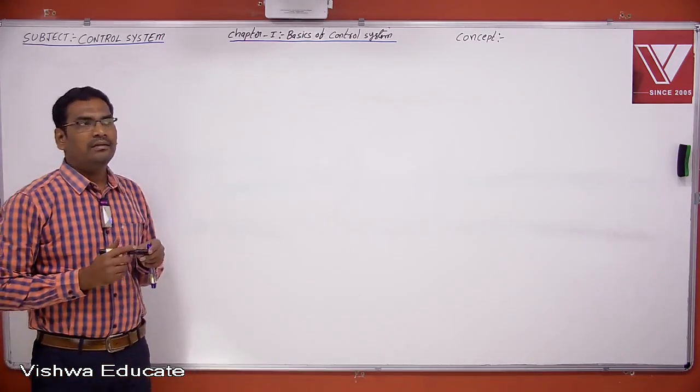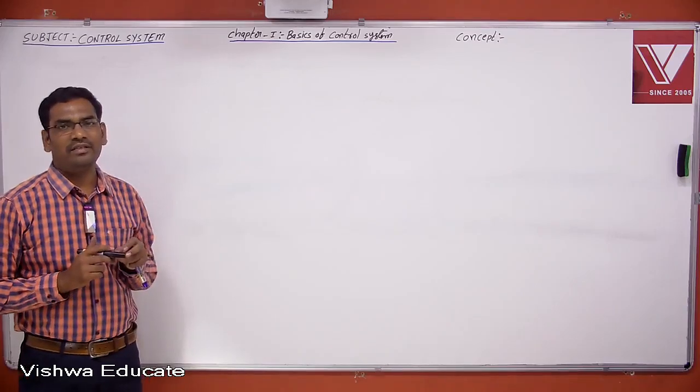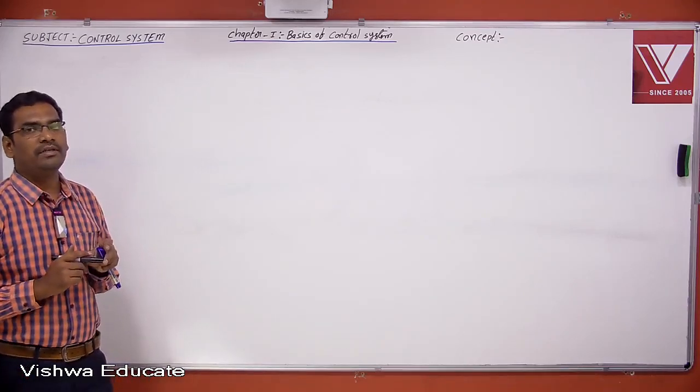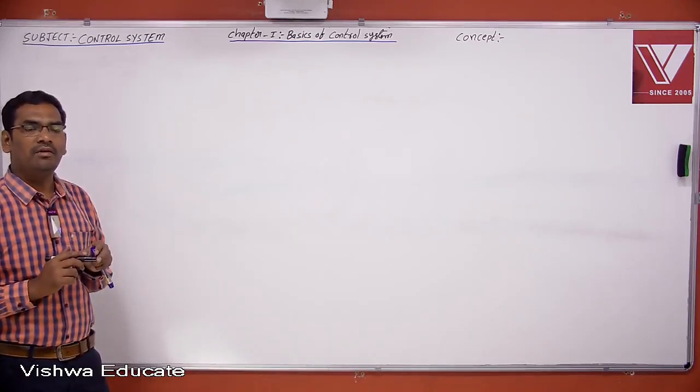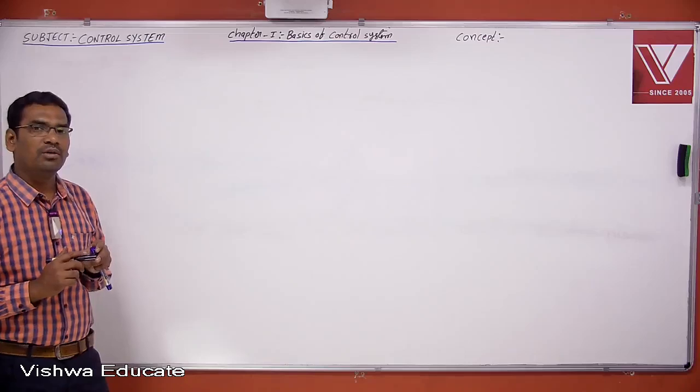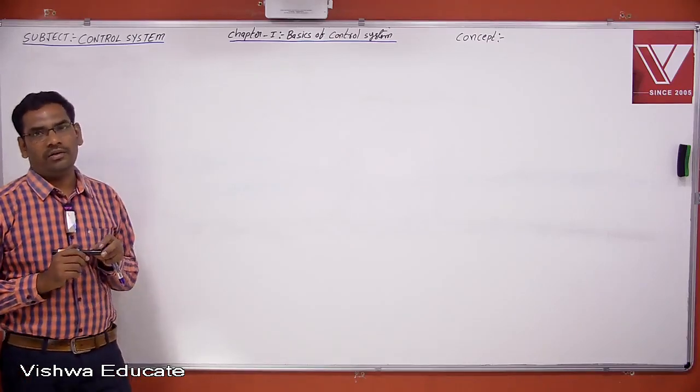Then you know how to find the type and order when the transfer function is given, and you know the type definition, order definition, and poles and zeros definitions, open loop control system transfer function, closed loop control system transfer function, and behavior, everything is also known to you.